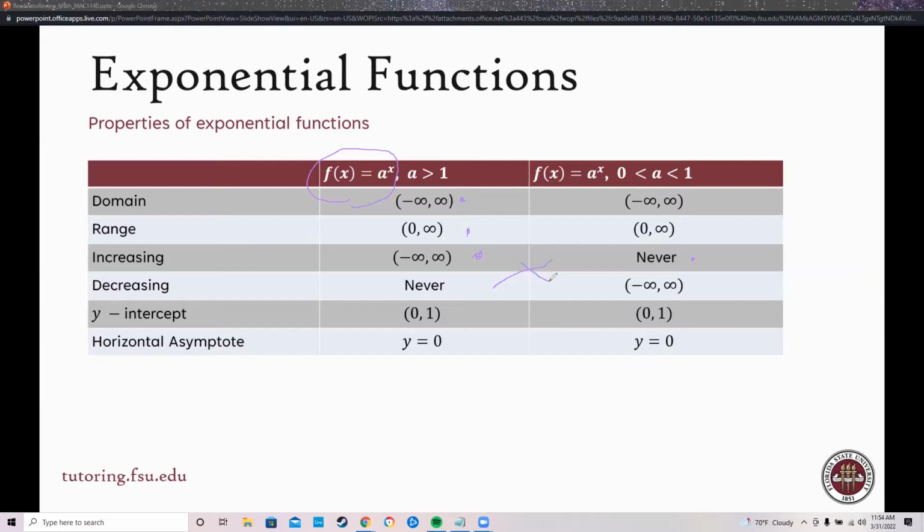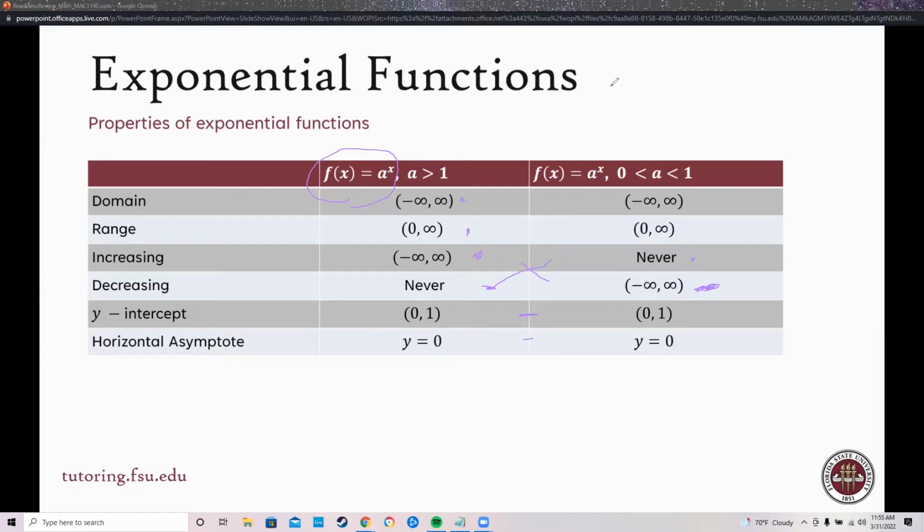When a is less than 1, this is decreasing on the domain, and when a is greater than 1, this is never decreasing on the domain. The y-intercepts are both the same, being (0, 1). And the horizontal asymptote is still the x-axis, being y equals 0.